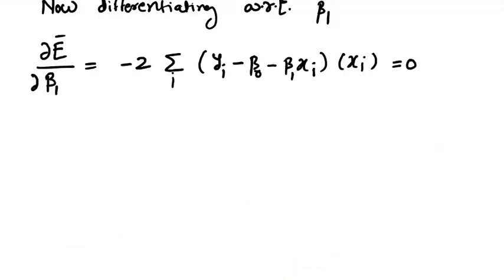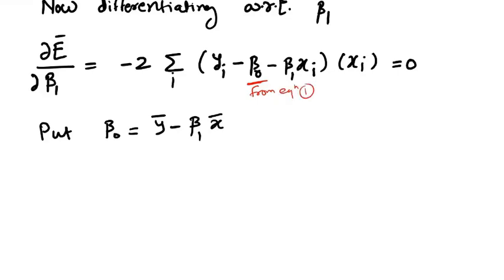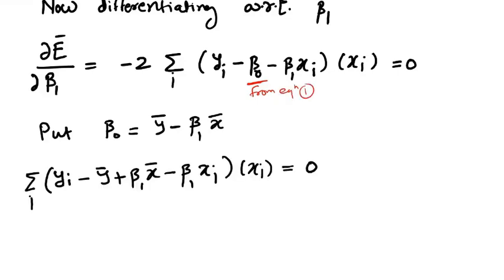Then I differentiate with respect to beta 1 the same error function, you can say, and equate to 0. So this will be the step. Then I substitute here the value of beta 0 from equation 1 that we have seen just now, and then I simplify.